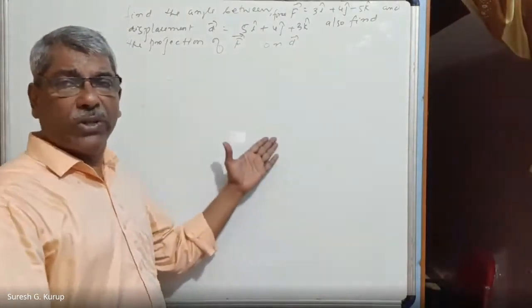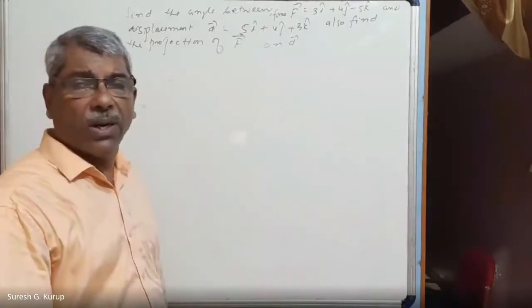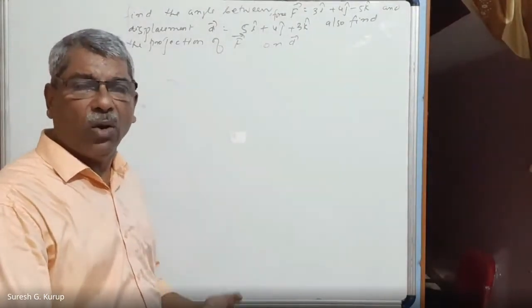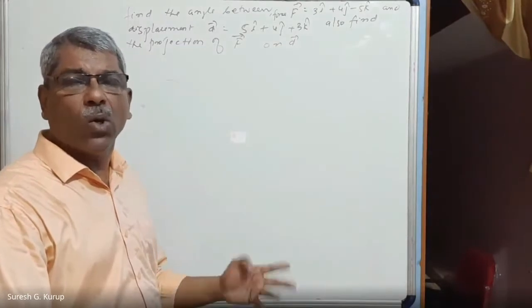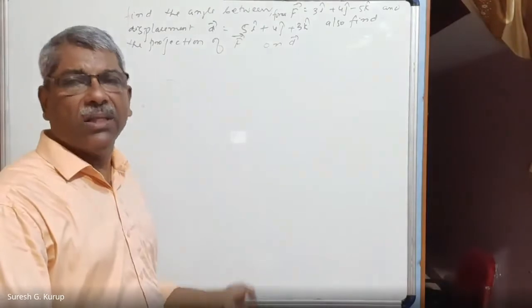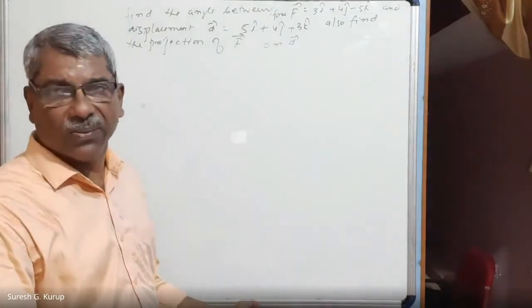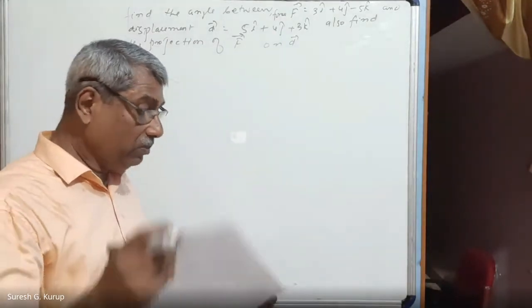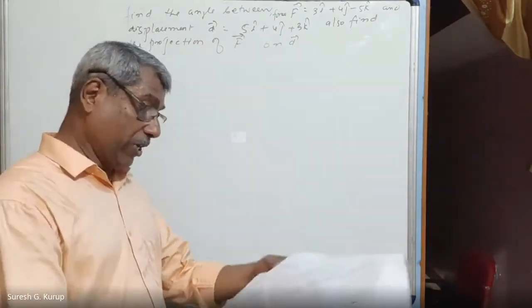So when the force vector and displacement vector are given to you, you can easily find the dot product. F dot d is equal to F d cos theta. From that, we can find the value of cos theta. Then we can find the value of theta also. That is the only thing, right? So in this case, what is it saying?